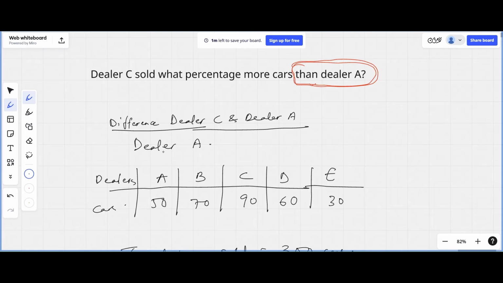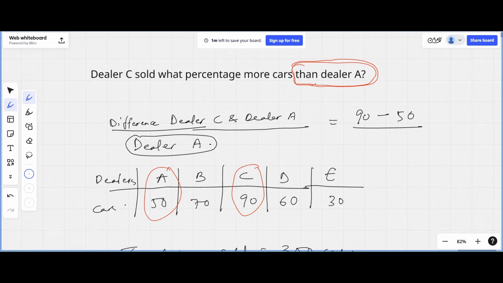So, what is the difference? Let's see dealer C. How much is dealer C? Dealer C is 90, right? 90 minus what? How much is dealer A? 50. Yes. What should be in the downside? Dealer A. I hope you know which one to put downside: you put downside the one that is mentioned after "than".